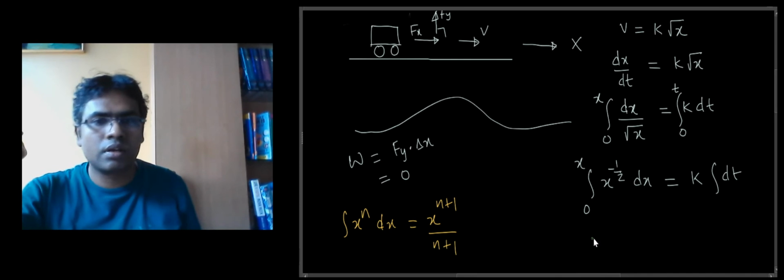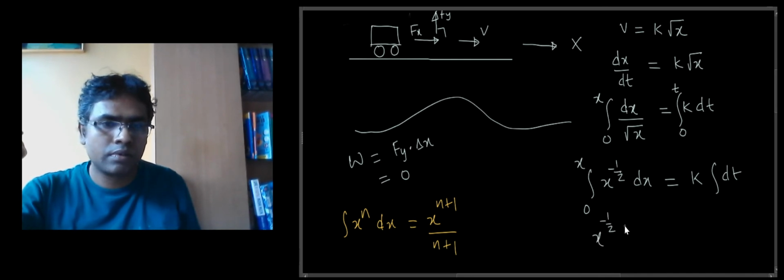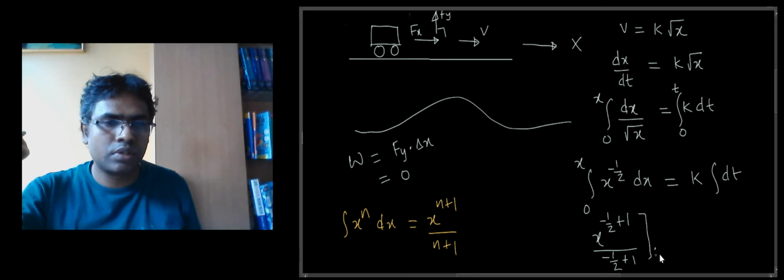So we can use this here. What do we have here? x to the power minus half plus 1 by minus half plus 1, and we are supposed to substitute the lower limit and the upper limit, and on the right hand side we have k into t.